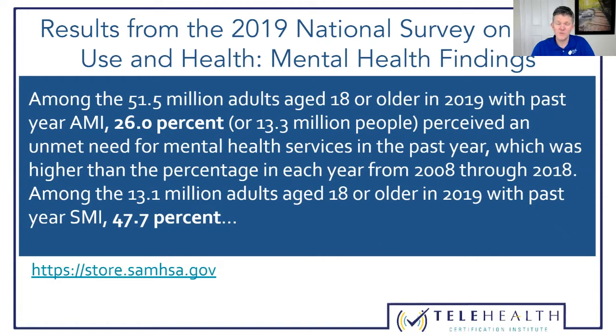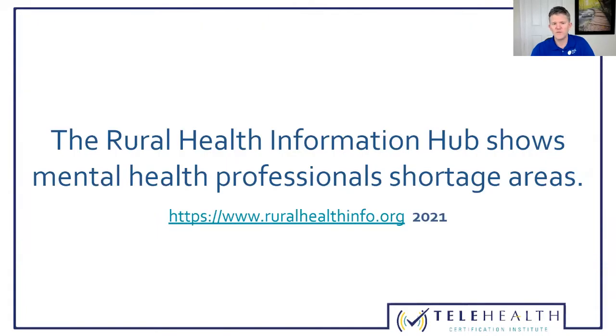So 26% of them, right? Now, for those with a severe mental health illness, 47% said they didn't receive the care that they thought they needed in that year. So again, these results are fairly stable. However, these results from this year are higher than they have been in a lot of the previous years.